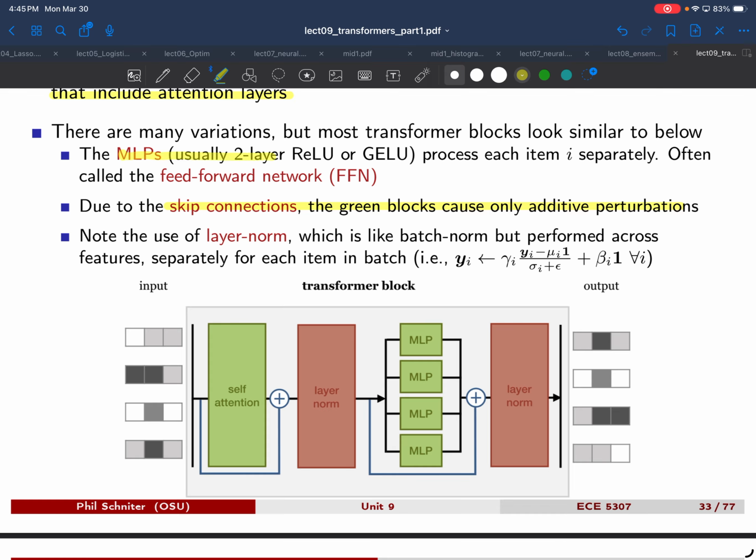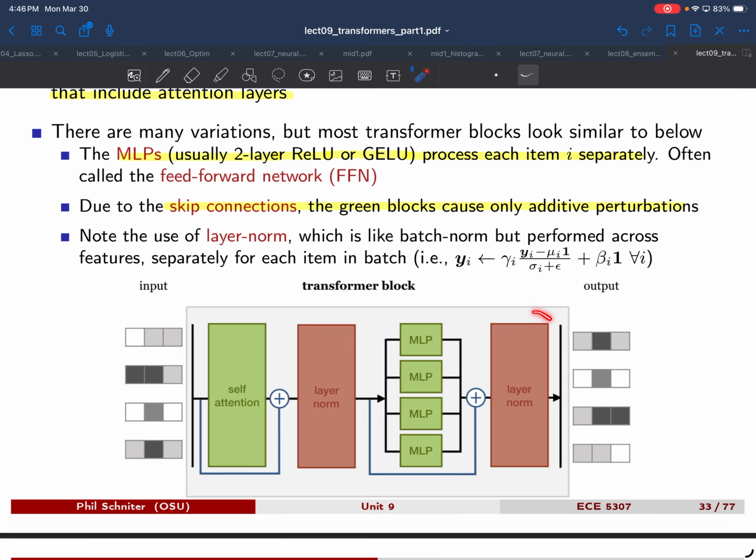They're usually a 2-layer, so just one hidden layer. And the hidden layer, originally, they were based on ReLU. More recently, they use GELU, usually. And they process each item in your input sequence separately. So this guy, after it goes through self-attention, passes through an MLP. This one passes through an MLP, and so on.